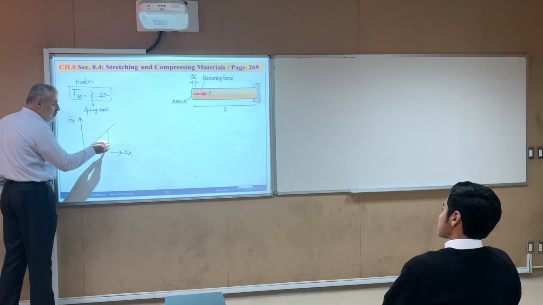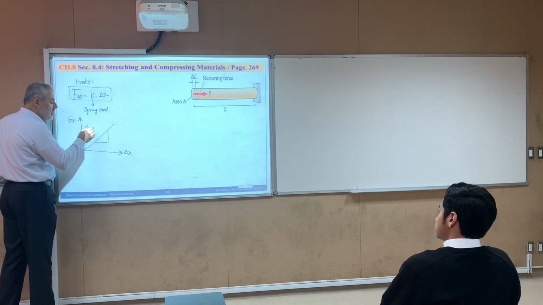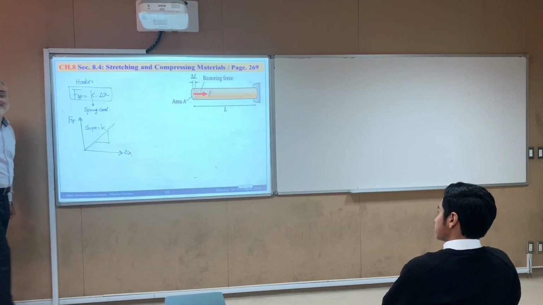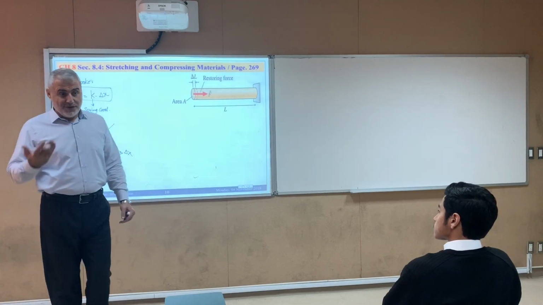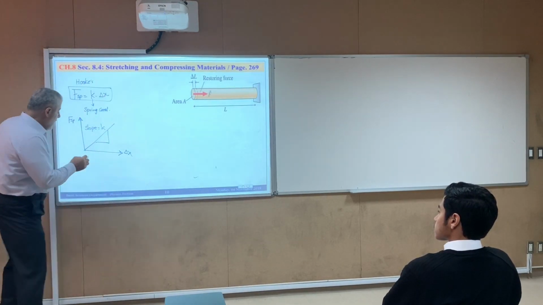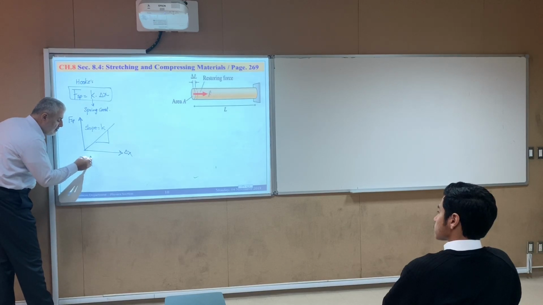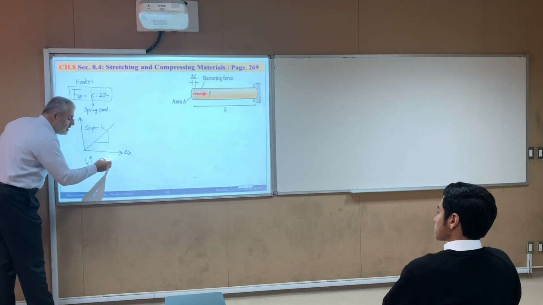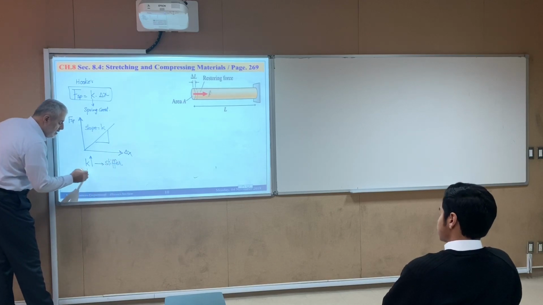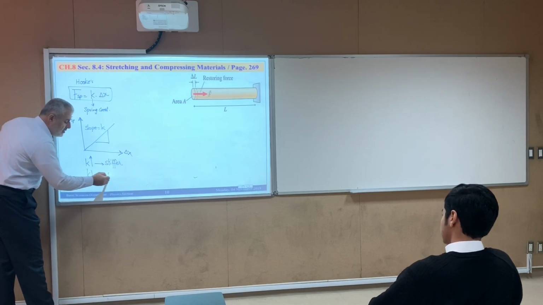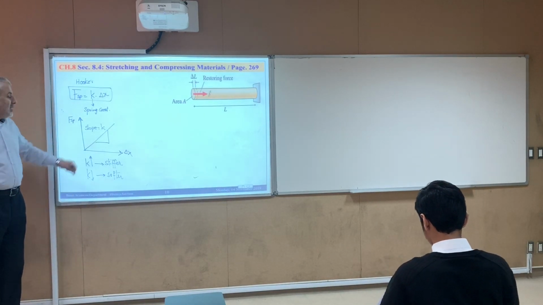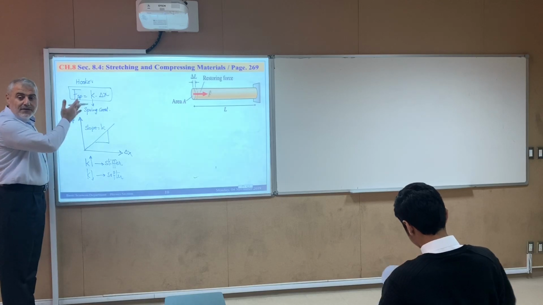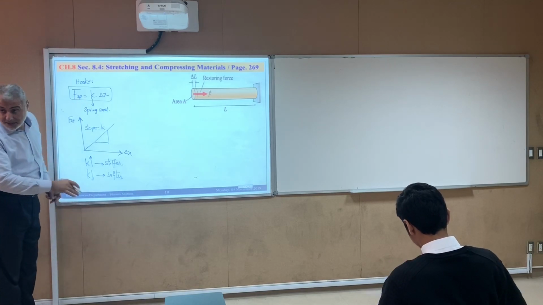From that straight line, we can find the slope, which is nothing but K. That slope, K, shows how stiff the object is. A high value of K means the object is stiffer, and a low value of K means the object is softer. If the slope is high, it's stiff; if the slope is low, it's soft.